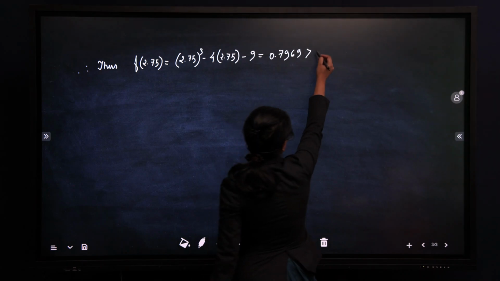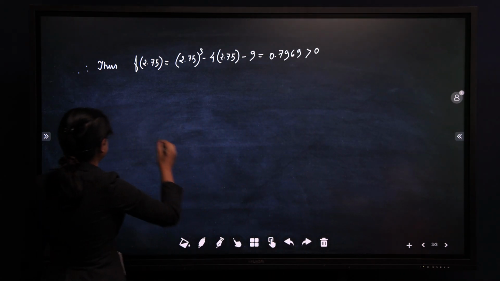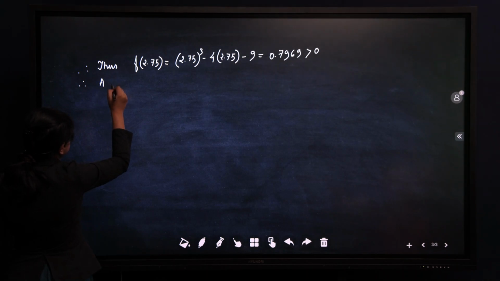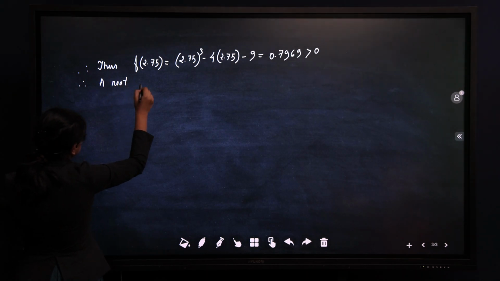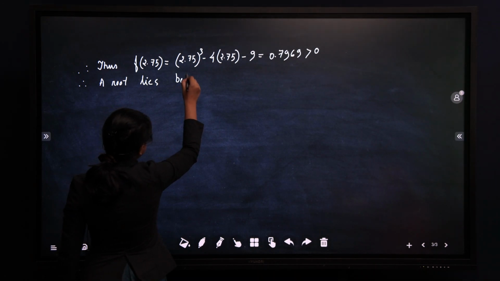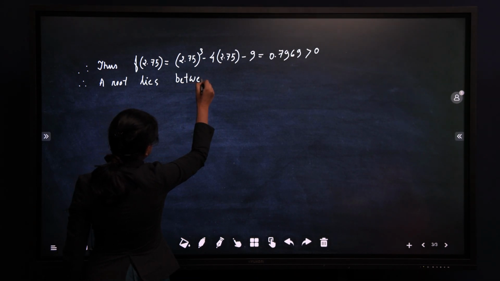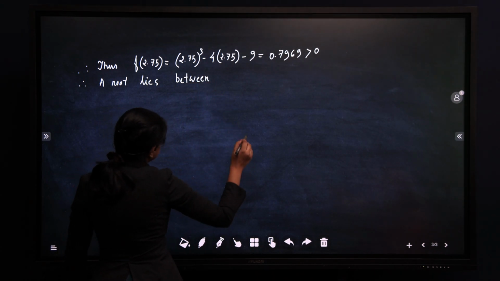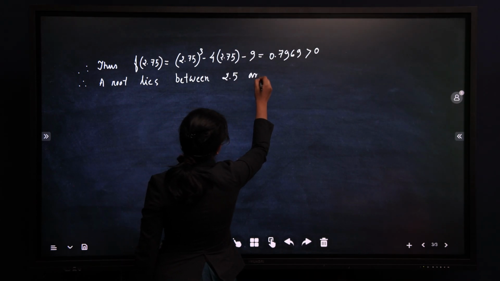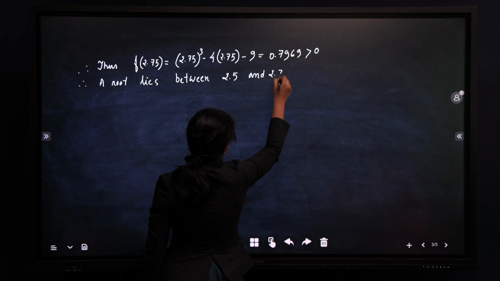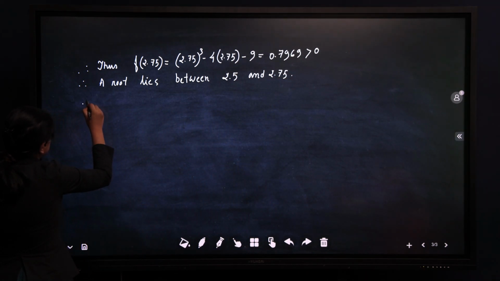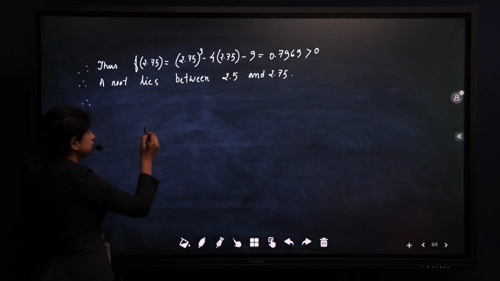So by the intermediate value theorem, our root lies between 2.5 and 2.75. Therefore, what will be the third approximation?